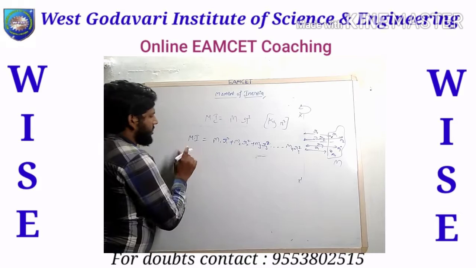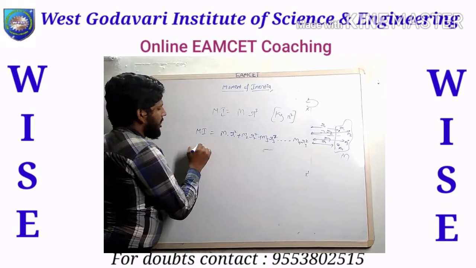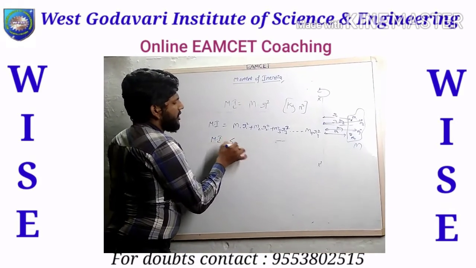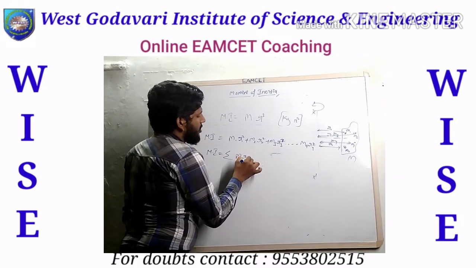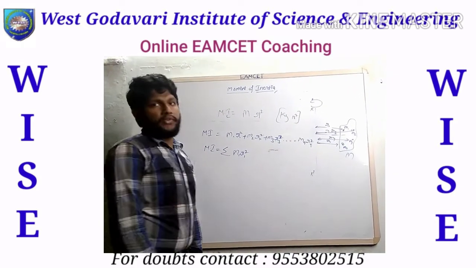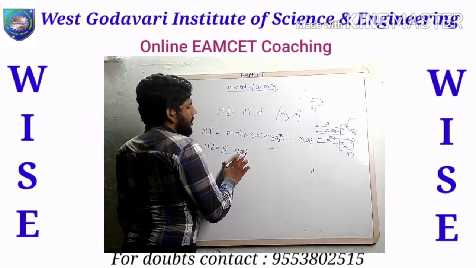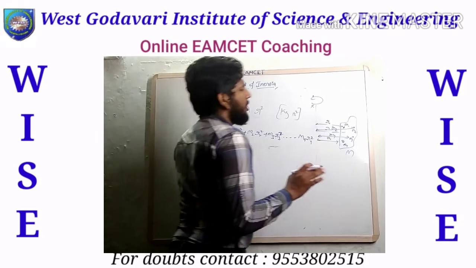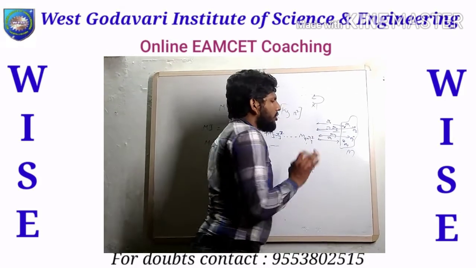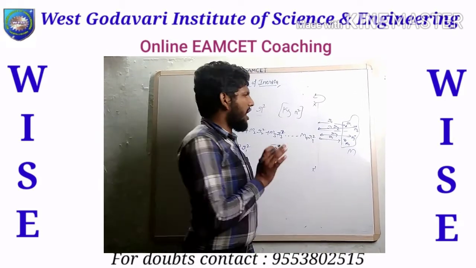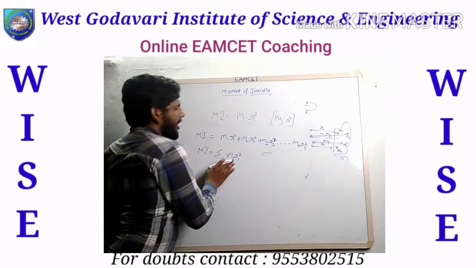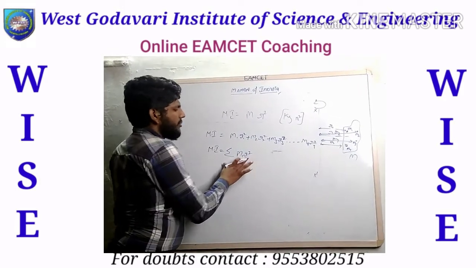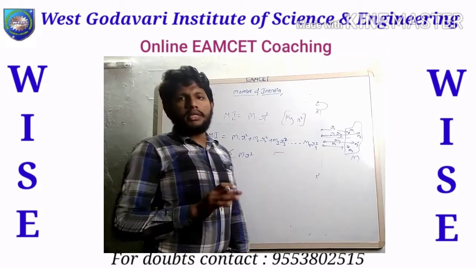If you want to write it simply, the moment of inertia is sigma m r square. If the mass is constant and the radius is constant, you can write it directly as sigma into m r square.